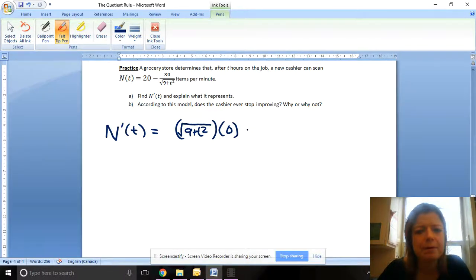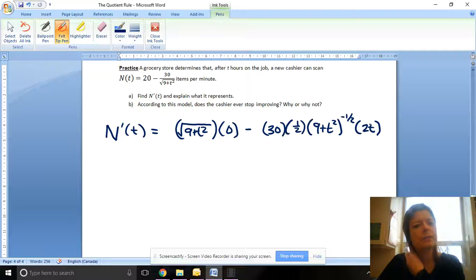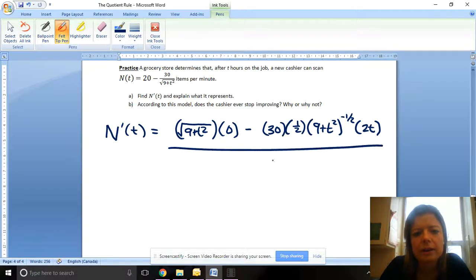And then we subtract the top times the derivative of the bottom. So here we have to do this whole half bracket 9 plus t squared to the negative a half, and then multiply it by 2t because that is the derivative of what's inside there. So now this is all over 9 plus t squared. At least square roots square nicely.